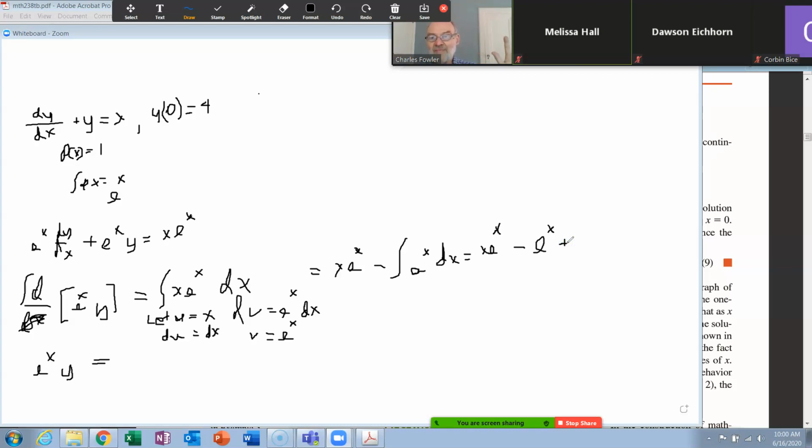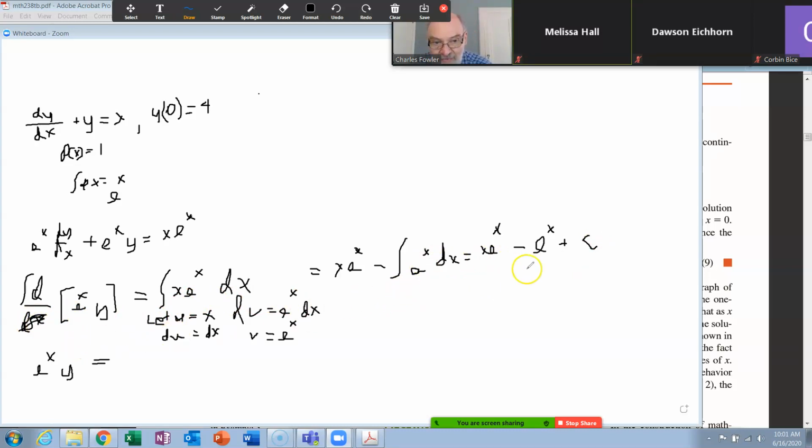Now, I think we're perfectly happy to go on and let this be c. If we don't like it, we'll change it. But you see, this is a boundary value problem, so it should work out pretty well anyway. So what we have down here, the left-hand side was e to the x y.